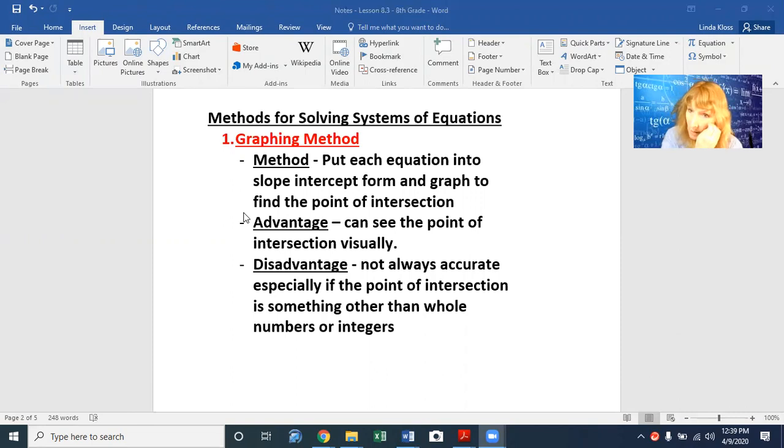If you have integer whole numbers, it works out pretty well. The disadvantage is you're not always going to be accurate, especially if the intersecting point isn't an integer or whole number. Then you end up with some fractional part, and you're not exactly sure what that point is. So that method does not work really well when you start dealing with rational numbers and fractions.